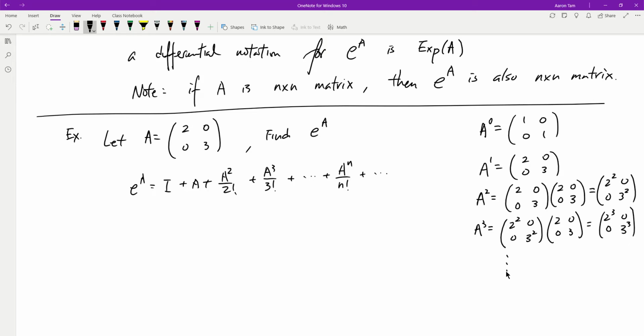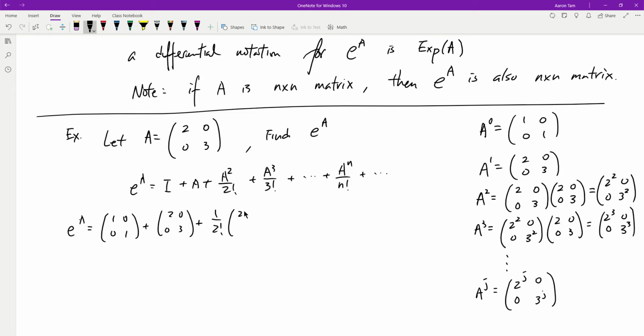If I continue this process and try to identify what A to the j is, that would give me [2 to the j, 0; 0, 3 to the j]. That's a pattern that we can now use. So now let's figure out what e to the A is. e to the A would equal [1, 0; 0, 1] plus [2, 0; 0, 3] plus 1 over 2 factorial times [2 squared, 0; 0, 3 squared], plus dot dot dot.